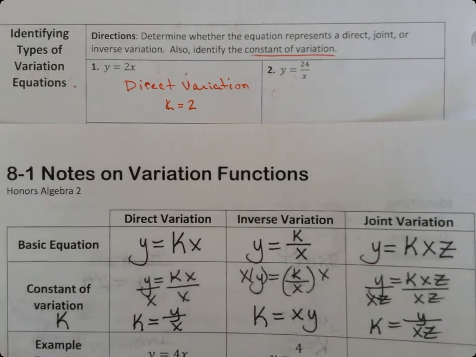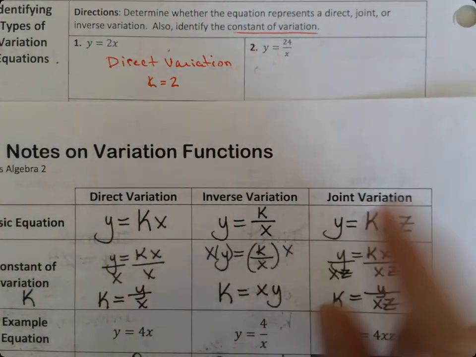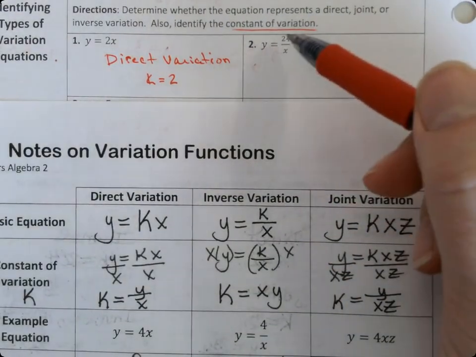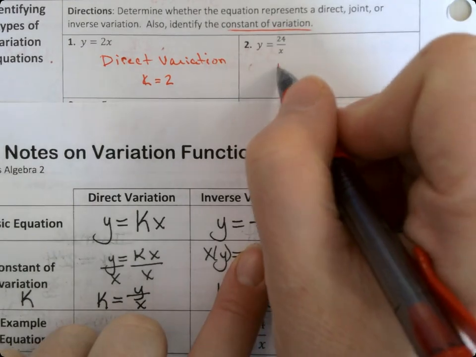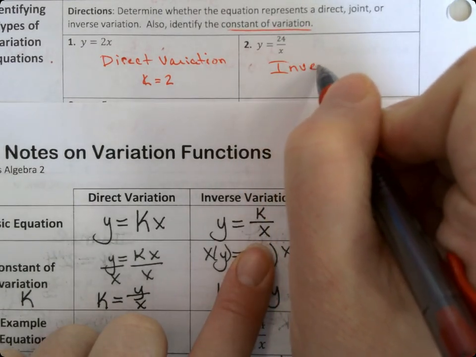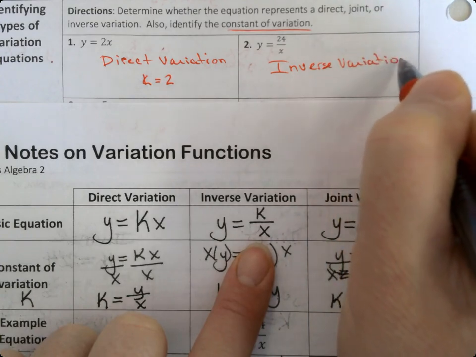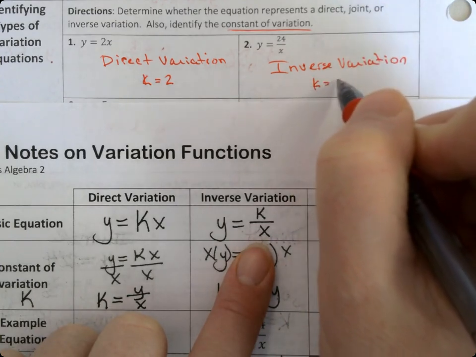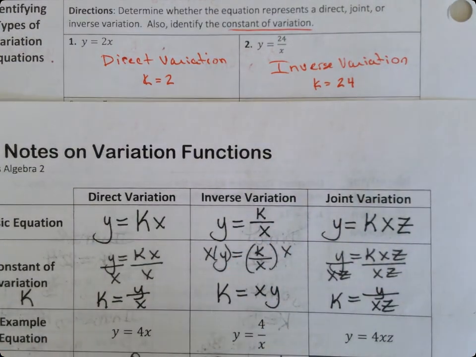So if this helps, because you guys might have to flip back and forth, here are the originals. Now, this one says y equals 24 over x. Well, that matches with my inverse. So this is an inverse variation, and k is 24. So those are just outright given. I didn't have to move anything around.